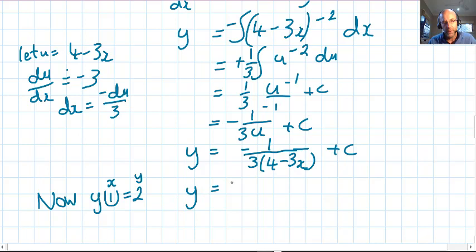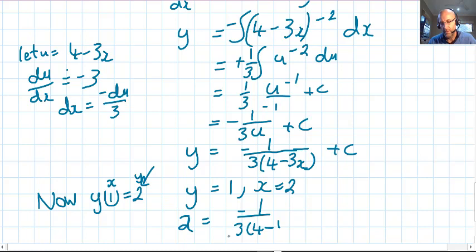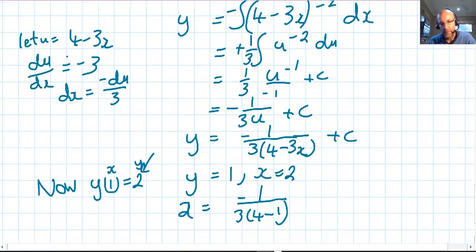What we need to do is substitute x equals 1 and y equals 2 into that. So 1 equals negative 1 over 3 outside of 4 minus 3 by 1. Whoops, no. That's 2. Okay, so it's a 2 outside. 2 equals, I should say. Alright, I subbed the wrong variable in. There we go, but I found it pretty quick.